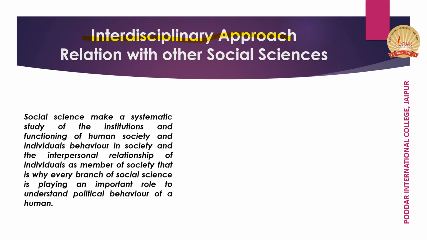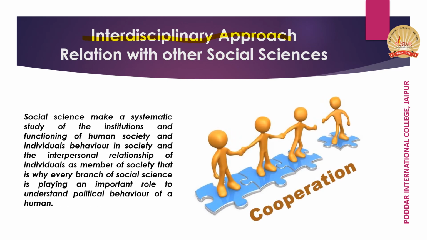Social science makes a systematic study of the institutions and functioning of human society and individuals' behavior in society, the interpersonal relationships of individuals as members of society. That is why every branch of social science plays an important role in understanding the political behavior of a human. This is our important approach.